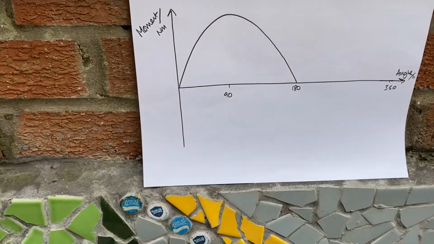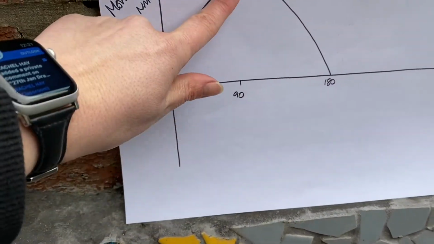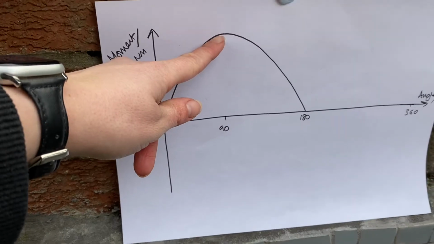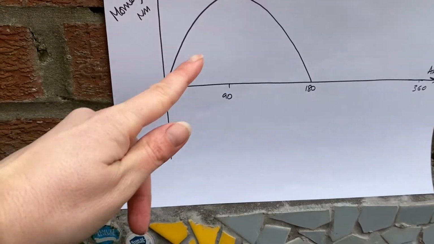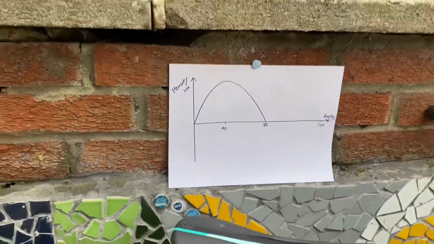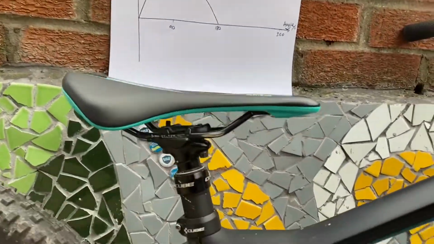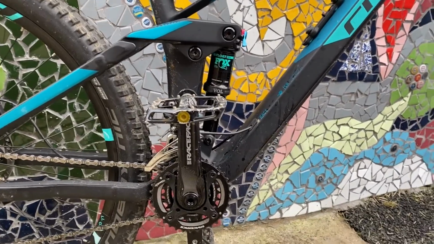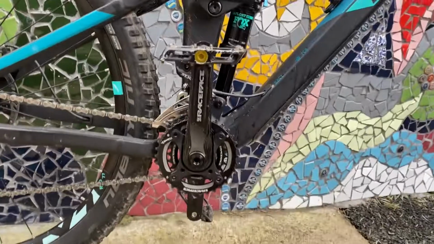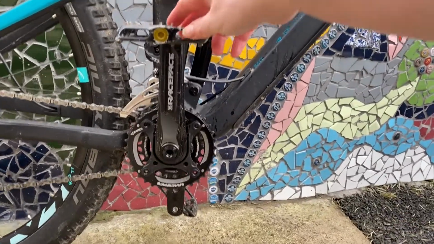So if we look back up at the wee graph, 90 is where the maximum moment is. Now see the way it's not linear, it's not a straight line. That's because the distance doesn't increase linearly. So if you're thinking about the horizontal distance, I'm trying to get level to show this properly.